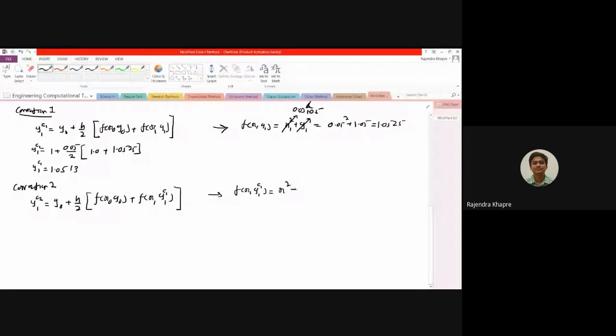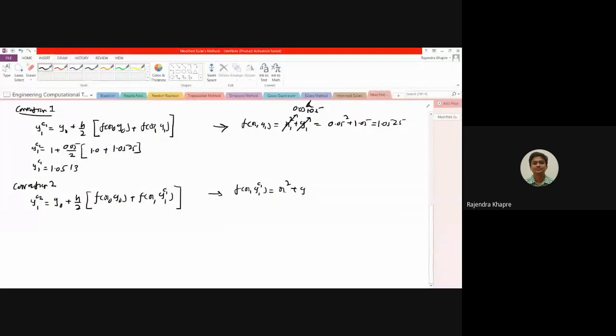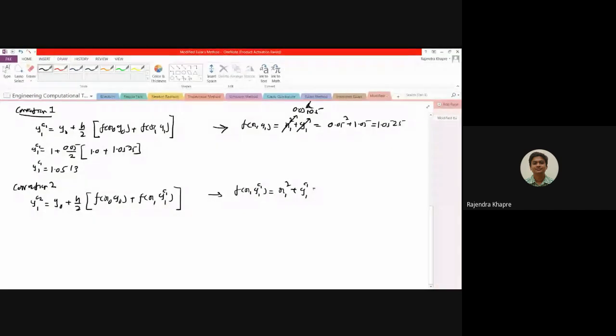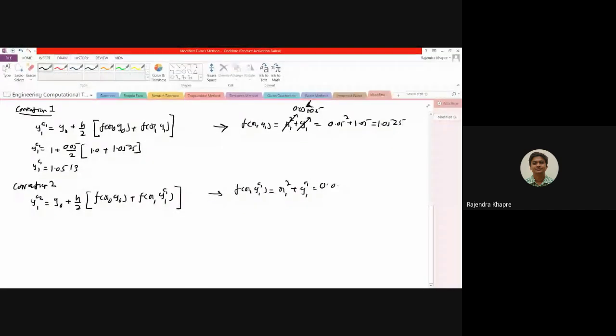This is x square plus y, so x1 squared, and y replaced with y corrected for the first time. If you substitute the values, this is 0.05 square, and here the value will be 1.0513. How much is this?